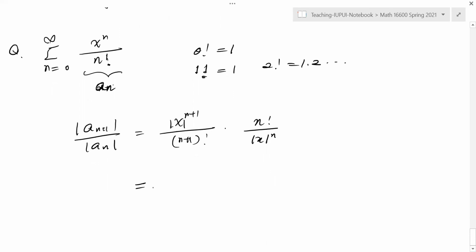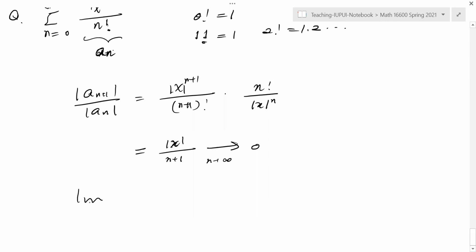So what I got is absolute x over n plus 1, after simplifying. Then I take the limit.